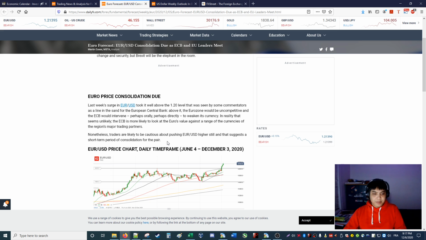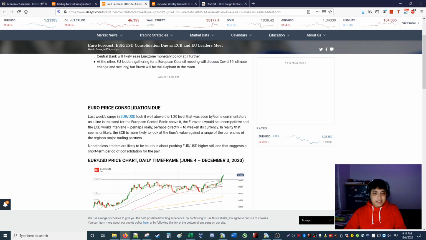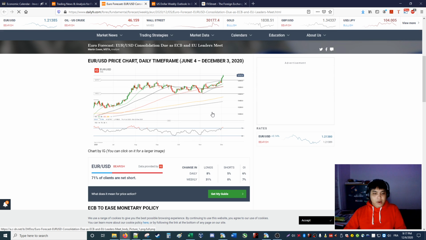That suggests a short-term period of consolidation for this pair. So basically they're saying, yeah, it could go up, but maybe we're at the last stretch. So we'll see when there's a meeting. And that meeting is this week, sometime this week.